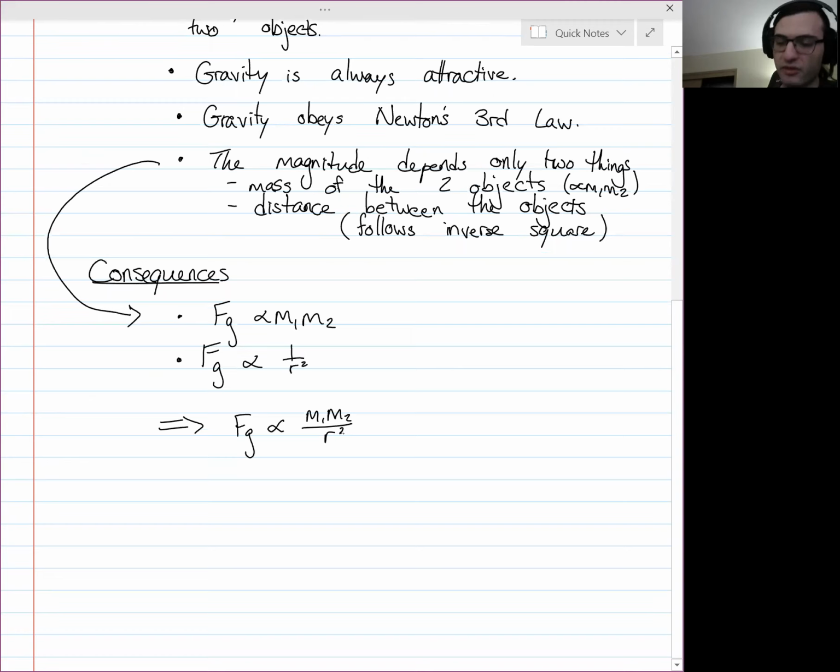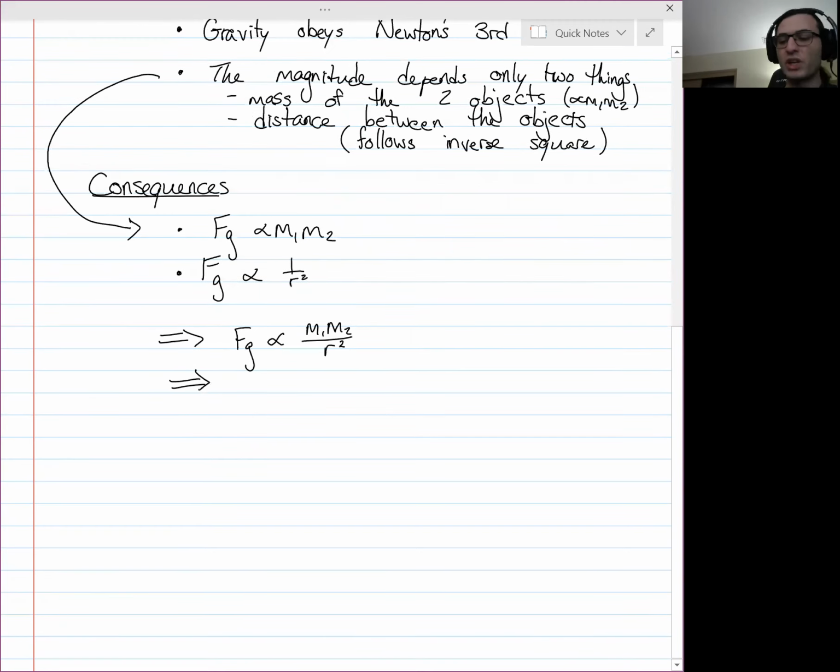The fact that it's proportional just means that we can write this as an equality if we introduce a constant. So there is some number, call it G, which is just some constant, such that the following is true.